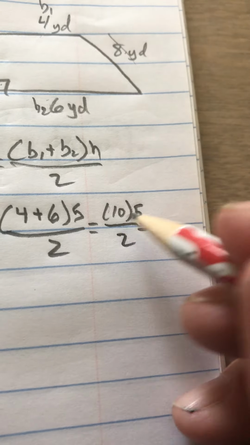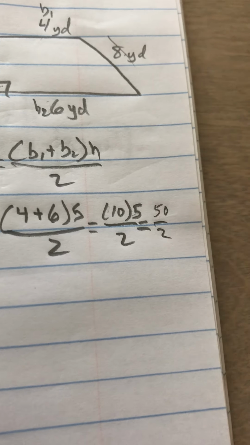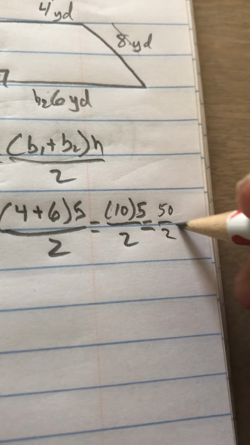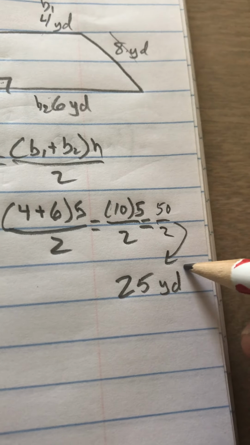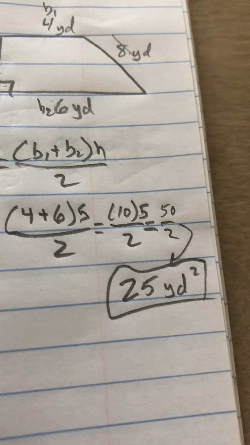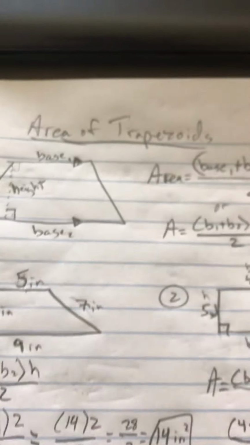Do the top number first. Multiply first. 50 divided by 2. And that makes 25 yards squared. That's how you figure out area of a trapezoid.